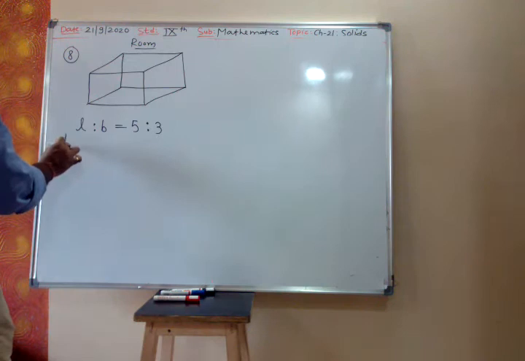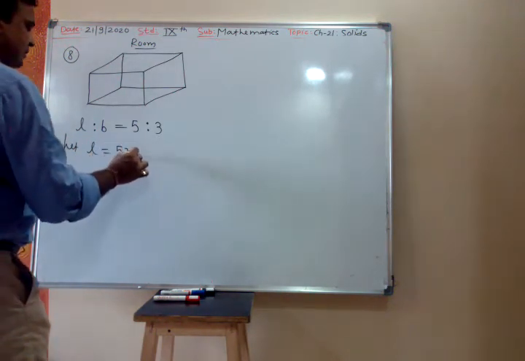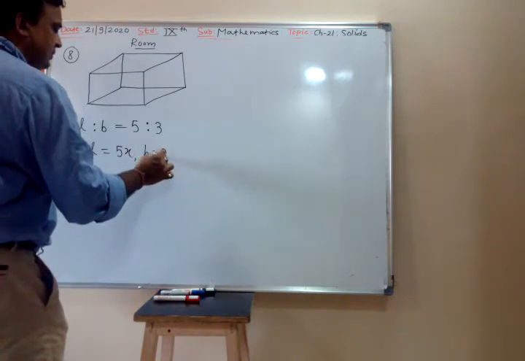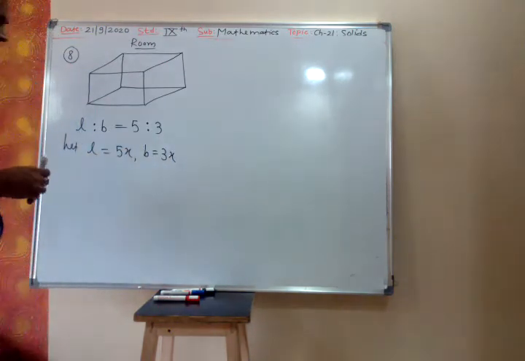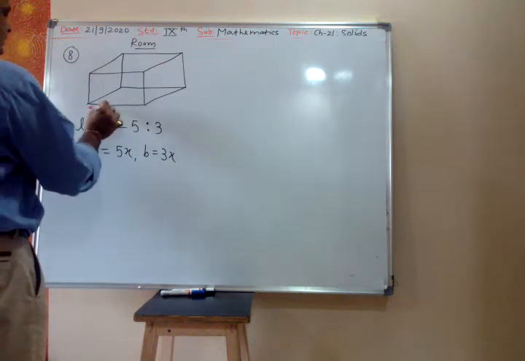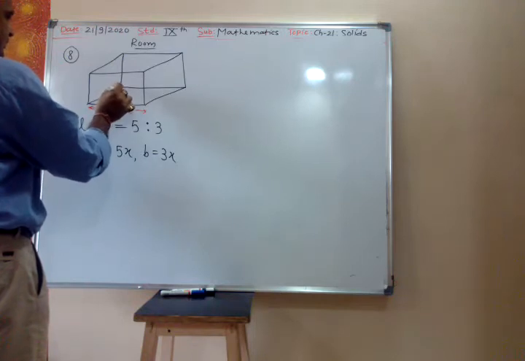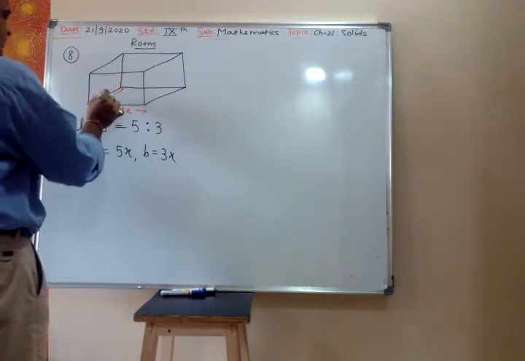So we write, let length be 5x and breadth be 3x, common multiple of x. So my length is 5x, and this is my breadth. So breadth is 3x.